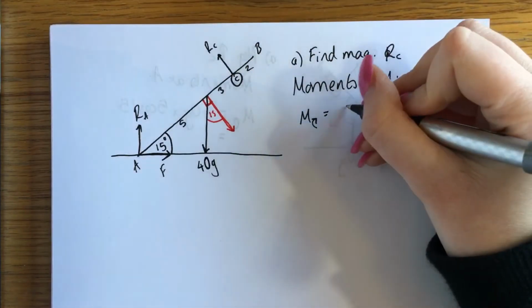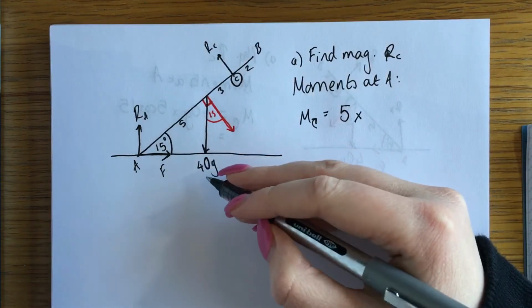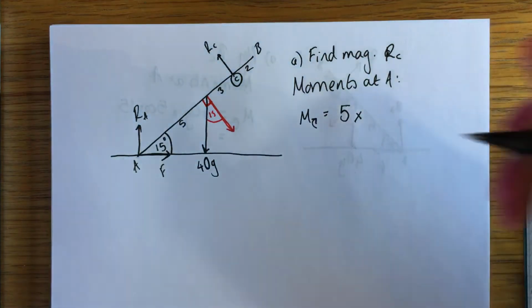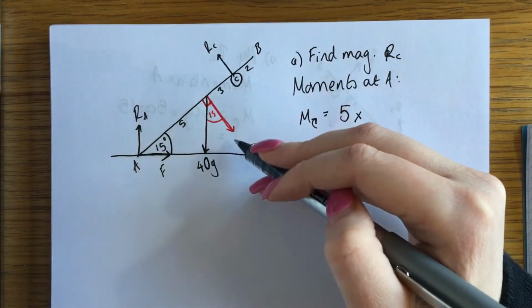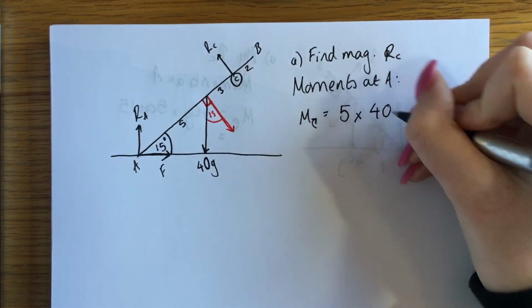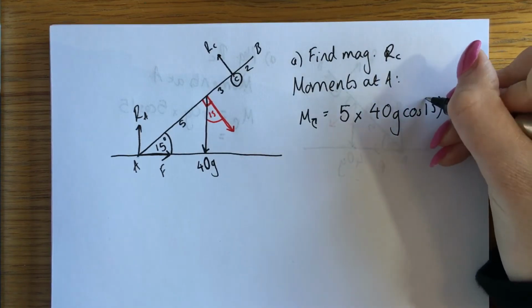It's just that instead of writing the modulus of the force times the perpendicular distance with the sine or a cosine, I'm doing the distance meeting the perpendicular resultant of the force, which is 40g cos 15.